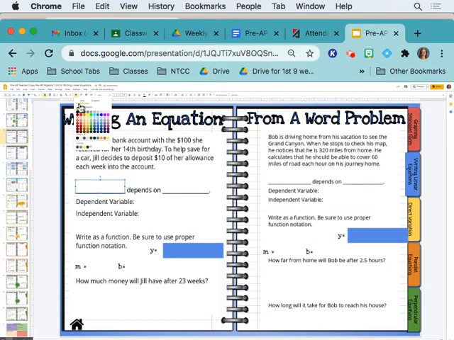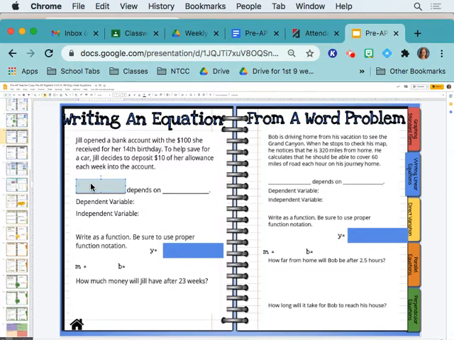The two variables would be the number of weeks and then how much money she has in her account. $10 is a constant and $100 is a constant. $100 is what she starts with, and then she adds or deposits $10 each week.